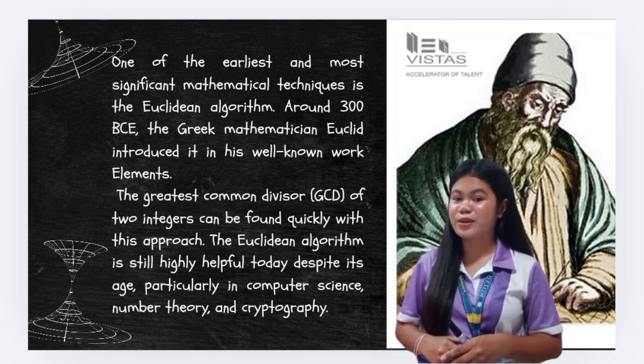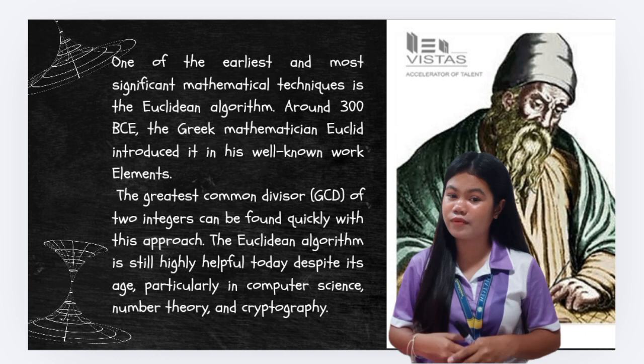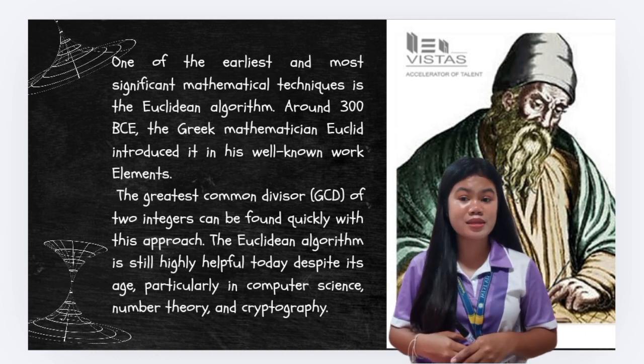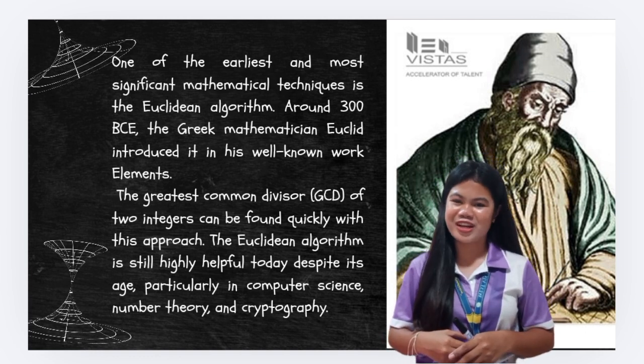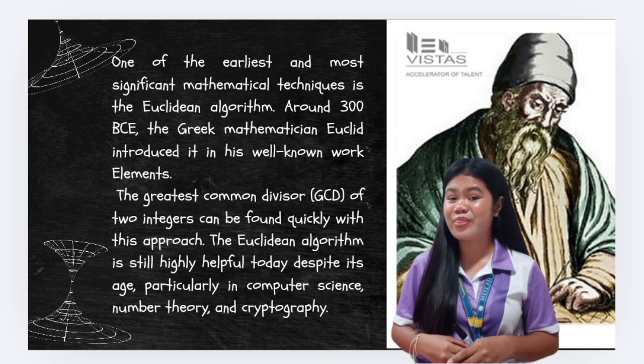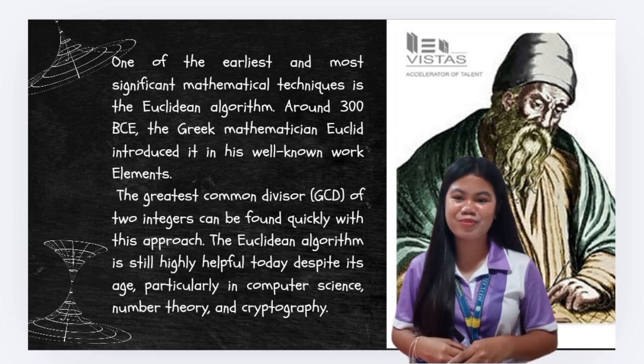The Euclidean algorithm is still highly helpful today despite its age, particularly in computer science, number theory, and cryptography. This talk will explain the algorithm's operation and the reasons it is regarded as a key idea in mathematics.